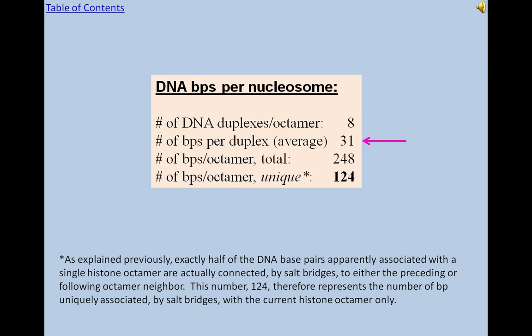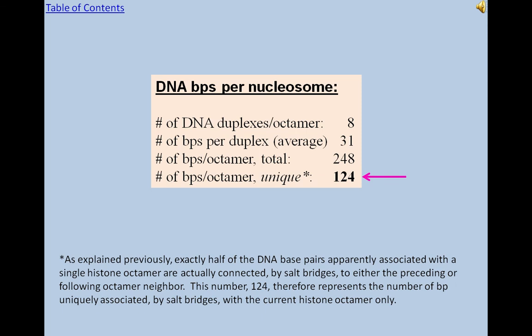So the total base pair count for the entire histone octamer is 8 times that number, or 248. But since, as we just saw above, only half that DNA is uniquely associated with any given histone octamer, the other half being associated with the 2 adjacent histone octamers, the actual base pair count, that is, the count of base pairs uniquely associated by salt bridges with a single octamer core, is half of that, or 124.